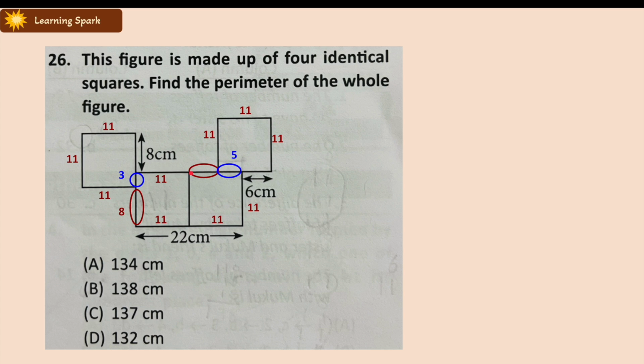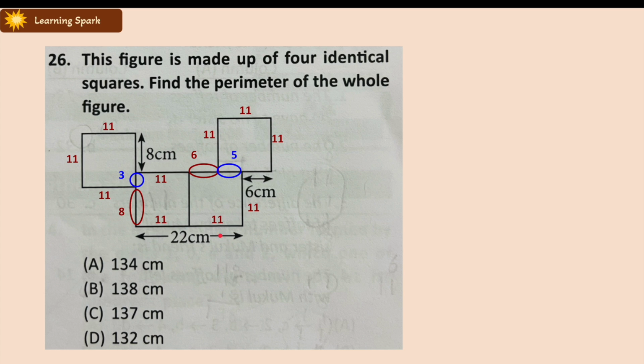This side is also 11, and since this is 5, the rest of the length is 6. So this one is 6. Now we have got all the lengths needed for calculating the perimeter.